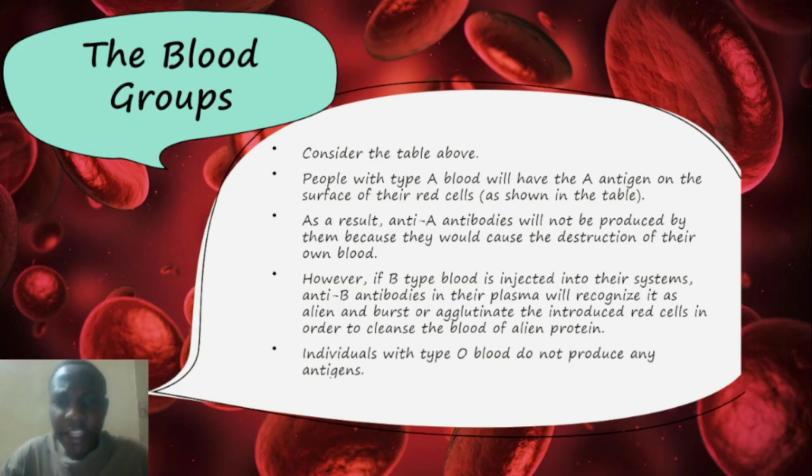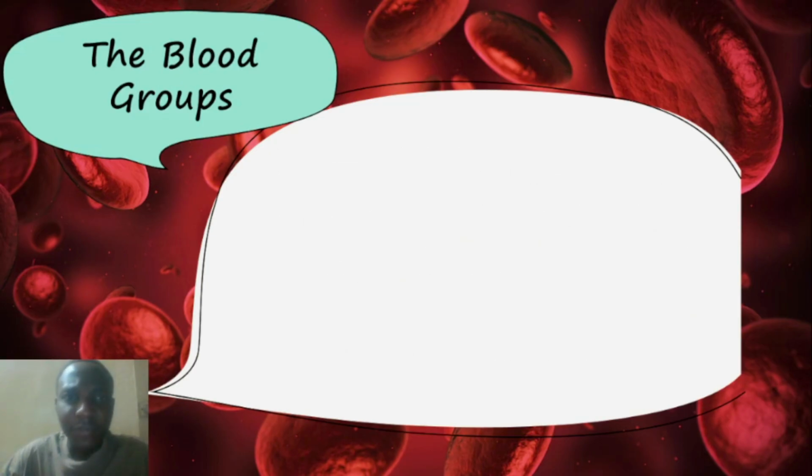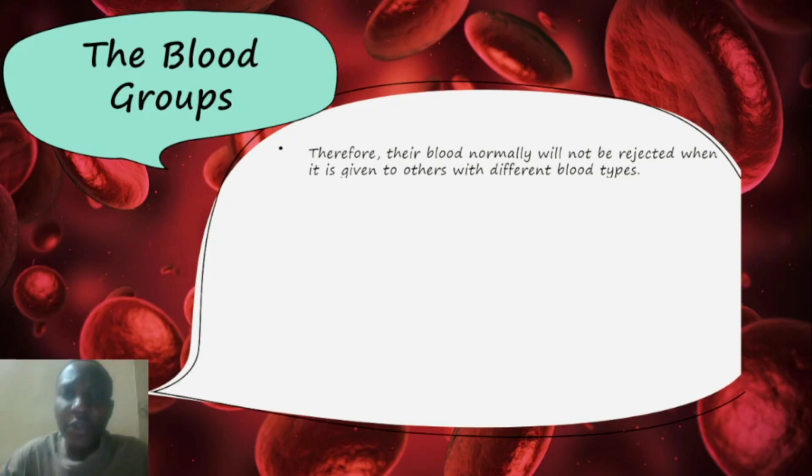Individuals with type O blood do not produce any antigens, as we've seen in the table. Therefore, their blood normally will not be rejected, so you can say that they are universal donors.